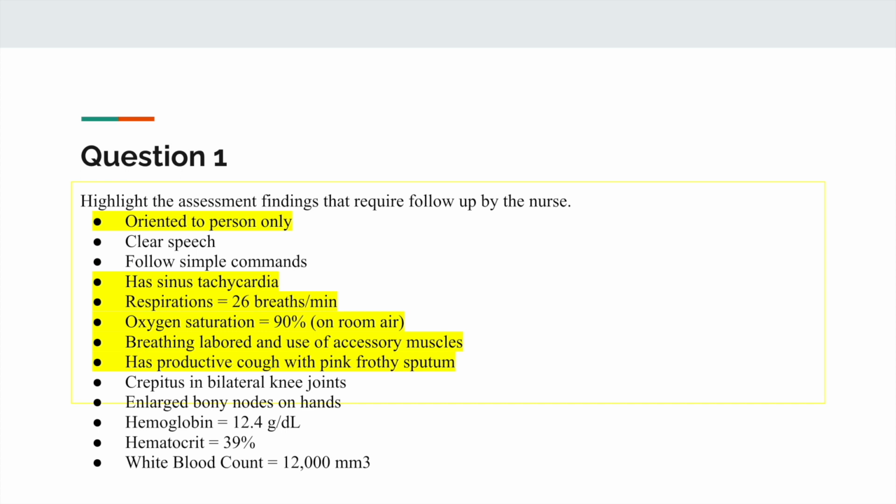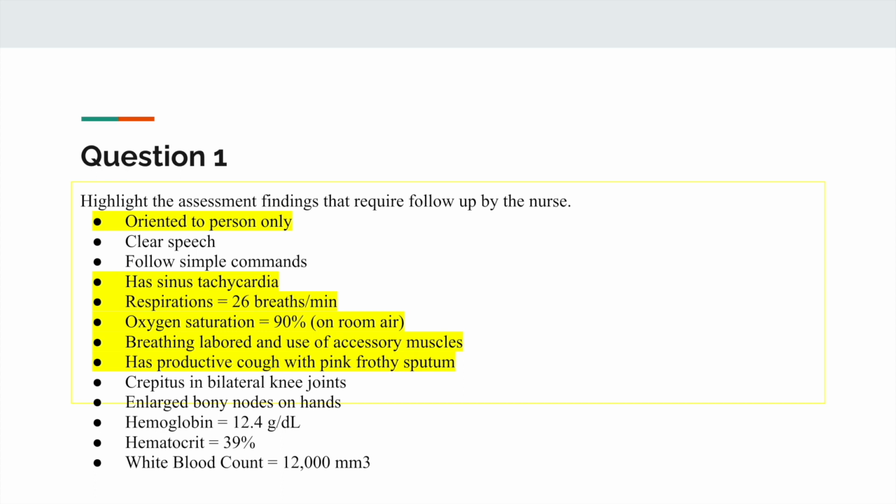When you answer these questions, the first thing I want you to think about is what is abnormal in general. So what are your abnormal assessment findings? A person who's not alert and oriented times 4, anything other than alert and oriented times 4, is abnormal, so that is automatic. Someone with clear speech, that's normal, that's what we want to see.